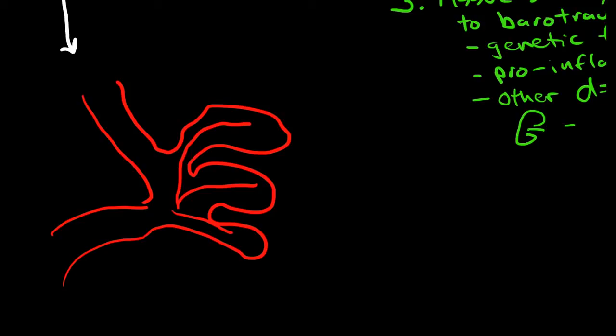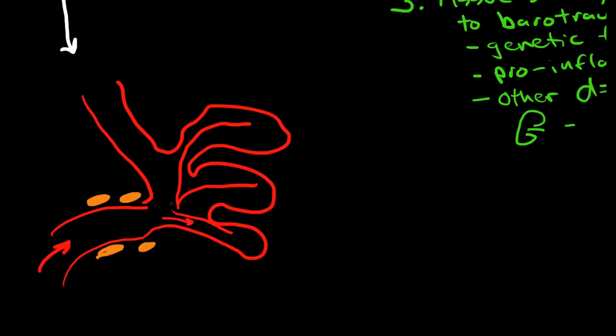Okay, so what we have here is high pressure in the afferent arteriole, and the afferent arteriole tries to compensate by constricting the smooth muscles, and it probably does okay for a while. It tries to restrict the blood flow into the glomerulus.